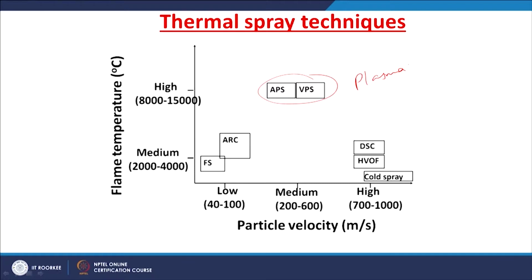These plasma techniques actually result into a flame temperature which is more than 8,000. People identified that around a maximum of 15,000 Celsius temperature can be generated in this technique using plasma, whereas the arc or the flame spray techniques can develop a temperature in the flame of around 2000 to 4000 Celsius, but the acceleration, that is the particle velocity, is very less, 40 to 100 meters per second.